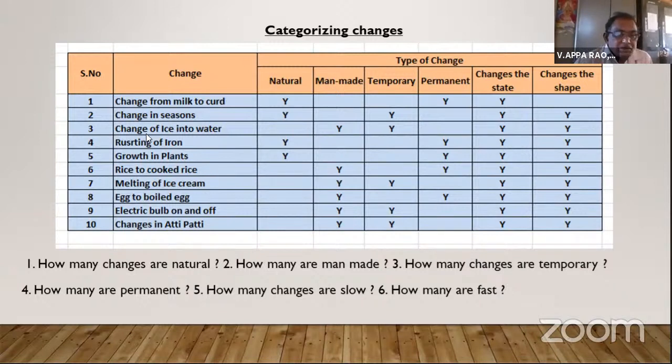Next, fast changes are rice to cooked rice, melting of ice cream, egg to boiled egg, electric bulb on and off, changes in APPA. First 5 are slow changes, next 5 are fast changes.